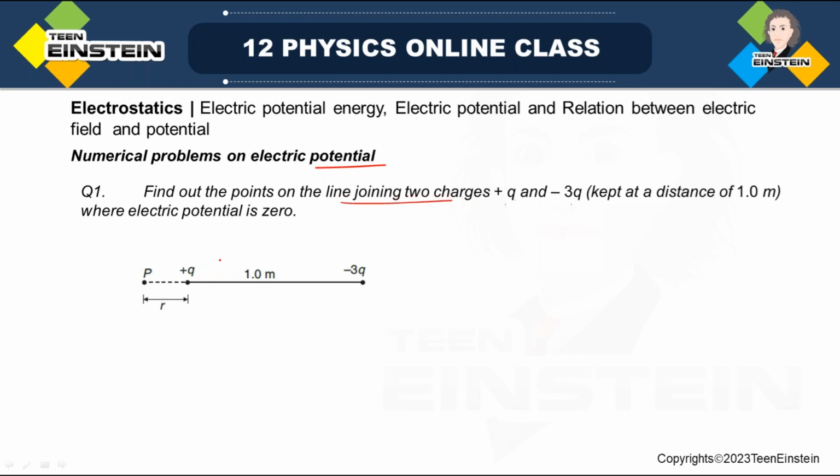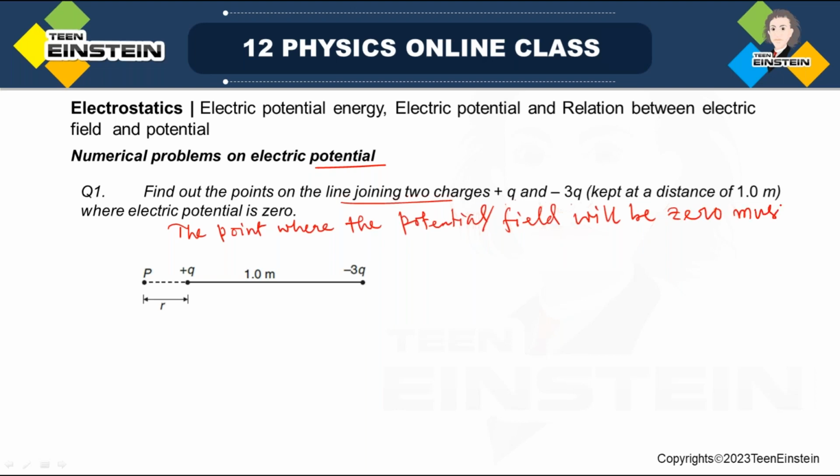So we had previously discussed, if you remember, the point where the potential or field will be 0 must be near to the smaller charge. So this is one point to remember.